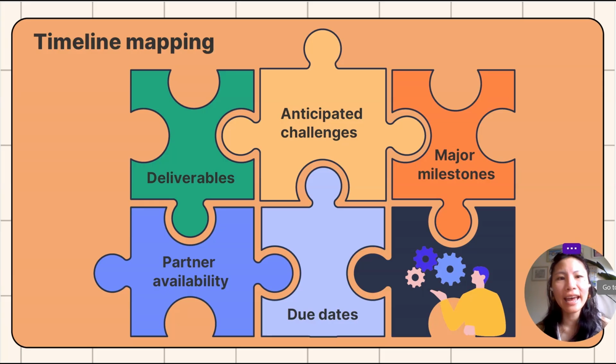So the first thing that you really want to take into consideration are your deliverable pieces. Make sure that you understand how many deliverables in your project are expected of you. For some projects, there will be one giant deliverable at the end. Maybe it's a video, maybe there are social media posts, maybe it's a large report.